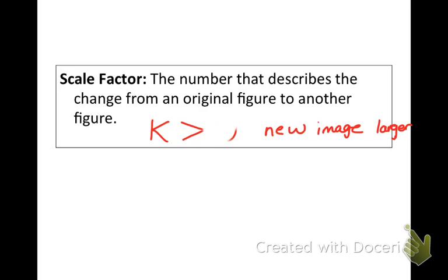It should be larger than 1. Change that 0 to a 1. Because if my scale factor was 1, would anything change? If you just multiply all the sides by 1, they'd be the same, right? If my scale factor is between 0 and 1, meaning that it's some type of fraction, then my new image would be smaller.